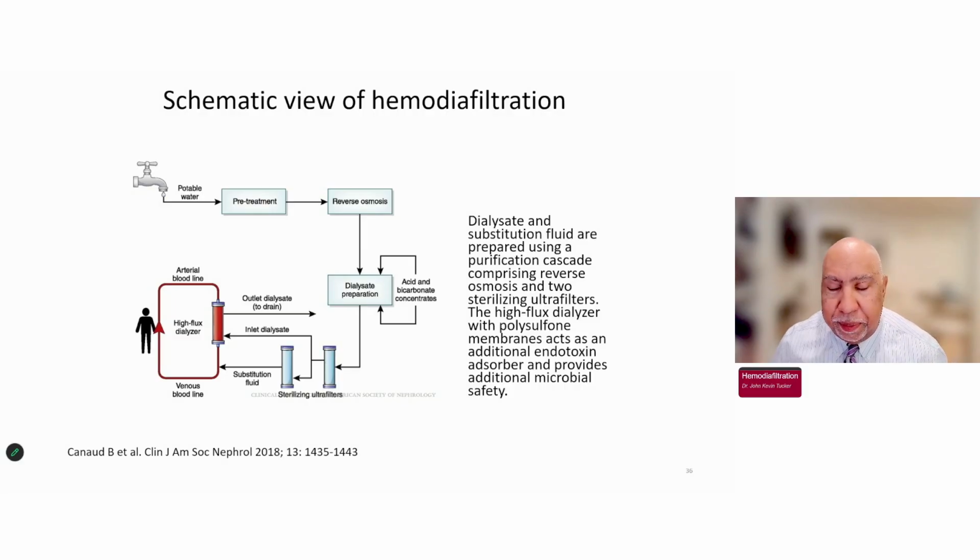So let's talk a little bit about the mechanics of hemodiafiltration. In hemodiafiltration, a dialysate and substitution fluid are prepared using a purification cascade that comprises reverse osmosis and two sterilizing ultrafilters. The high-flux dialyzer with polysulfone membranes acts as an additional endotoxin adsorber and provides additional microbial safety.